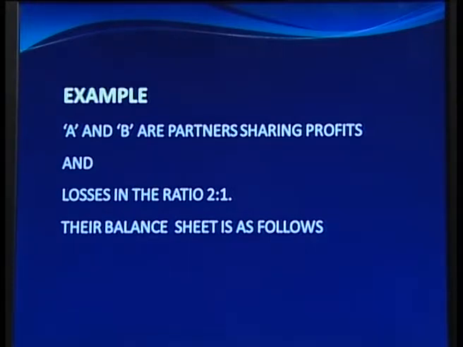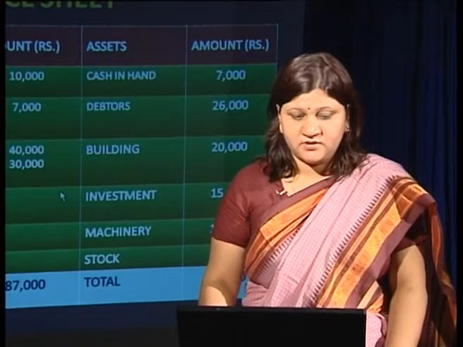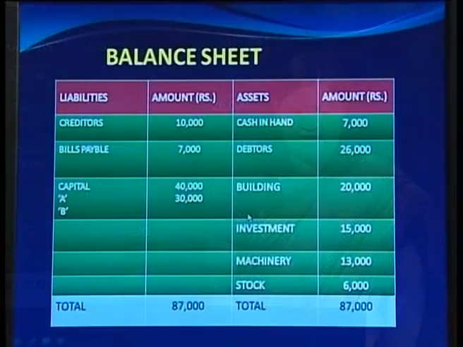So here is an example in front of us. A and B are partners sharing profits and losses in the ratio of 2:1. The balance sheet is as follows. The liability side and asset side are shown in the balance sheet. Under the liability side we have creditors 10,000, bills payable 7,000, and capital accounts of A and B of 40,000 and 30,000.